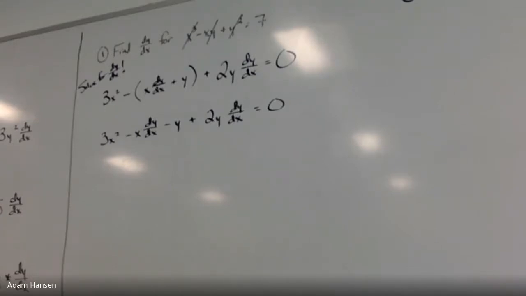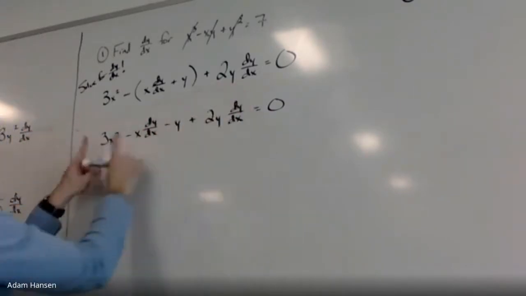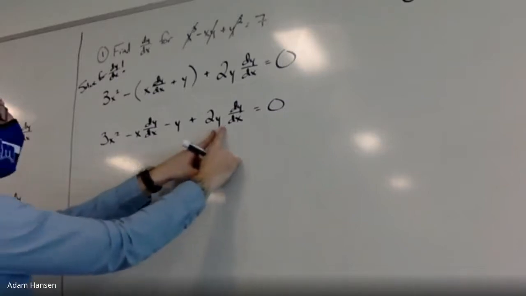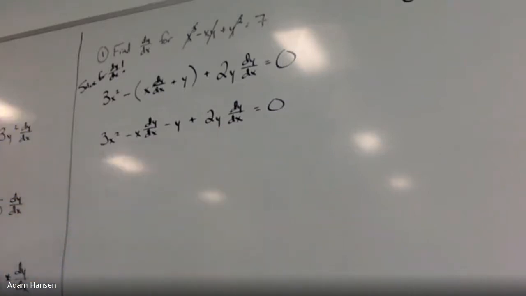Look at those terms on this part of my equation. There's 4 terms in total. 3x squared, x dy dx, y and 2y dy dx. Some of them have a dy dx and some of them do not. Let's get the ones that do separated from the ones that don't.